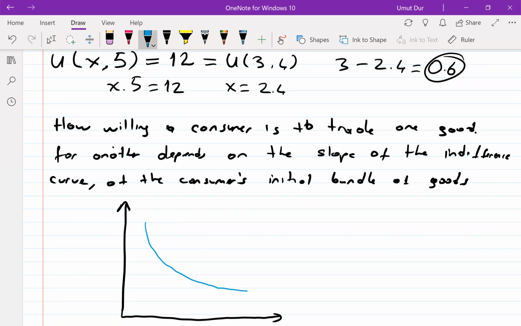Suppose that this is the indifference curve that we are initially on, and we are basically at this point. Then suppose that we would like to increase the amount of coffee that we are consuming right now.